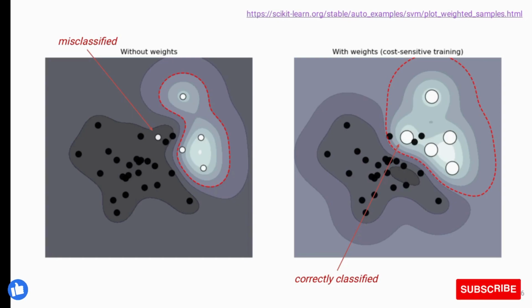Yep, that's the minority object that got misclassified. And when we do the weights, that got correctly classified, but the other objects, the other black ones, didn't. But that's fine because we've said it's okay or more okay to misclassify the black than it is to get the white wrong.